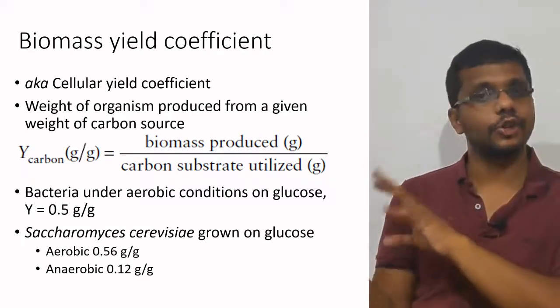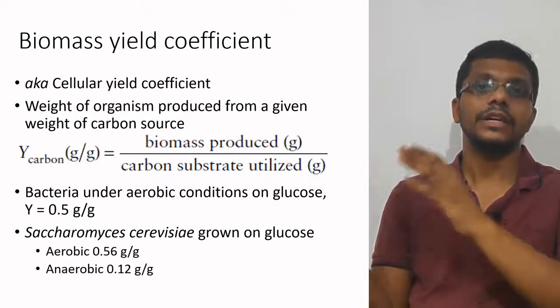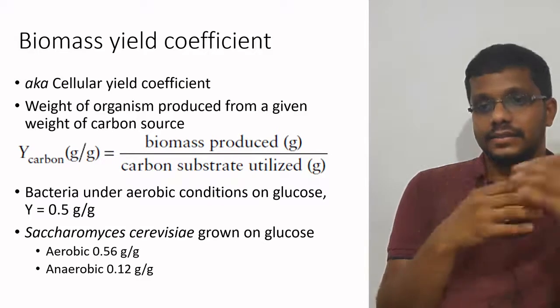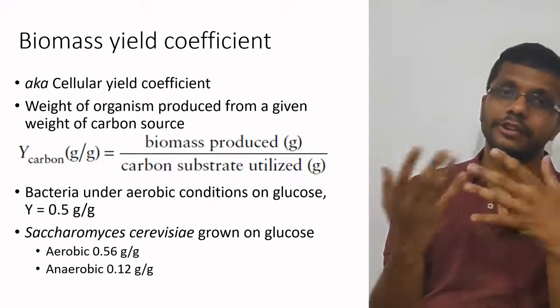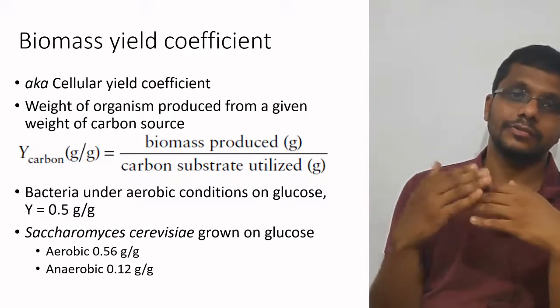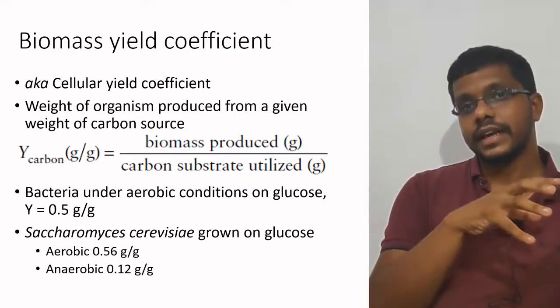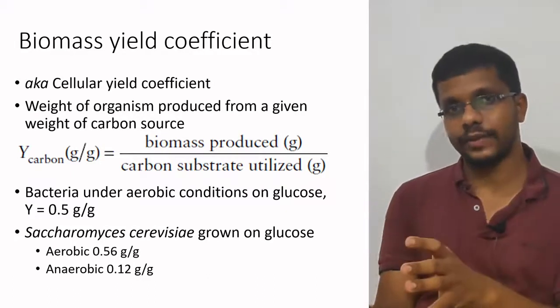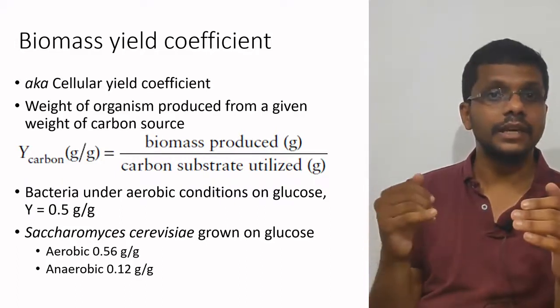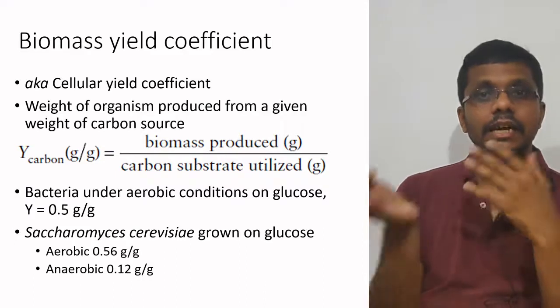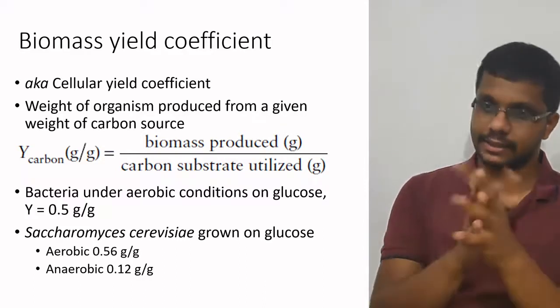If you are giving 100 kilograms of carbon source, you will get half of it, that is 50 kilograms. Whatever the amount of carbon source you are providing, the biomass gain will be 50 percent. The rest of the carbon source will be utilized for energy, maintenance, product formation, etc.